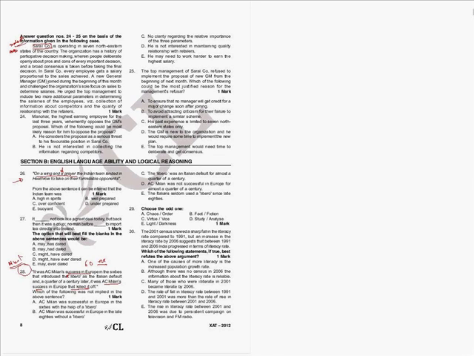Which of the following is not implied? A. AC Milan was successful in Europe in the 60s with the help of libero. Success in the 60s, that was implied. AC Milan was successful in Europe in the late 80s without libero. That is after the case. This is also implied.